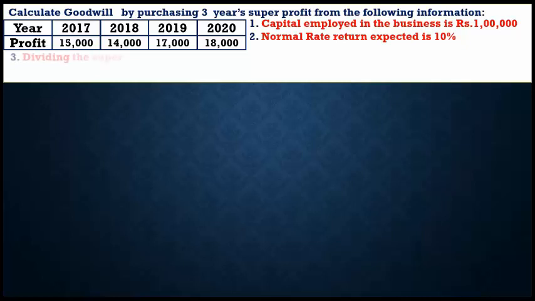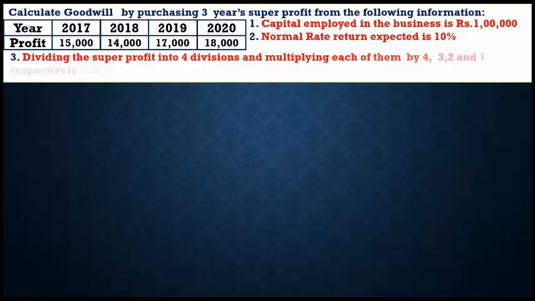Third adjustment, dividing the super profit into 4 divisions. In the previous problem, he stated 3 divisions. In this problem, he stated 4 divisions.